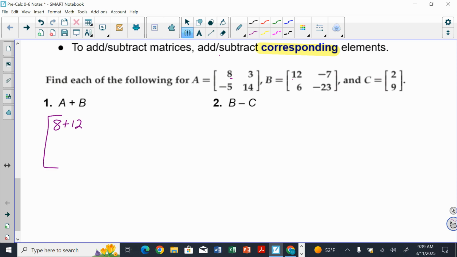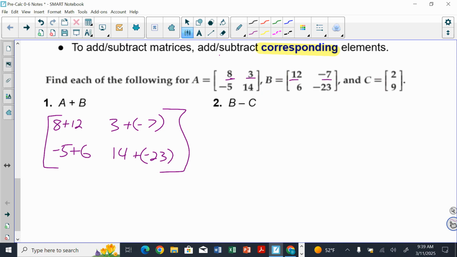Then we're going to have 3 plus a -7. Just be careful with your negatives here. -5 plus 6 and 14 plus a -23. Okay, and put my bracket there. It's just simply adding each element together and you've got it.